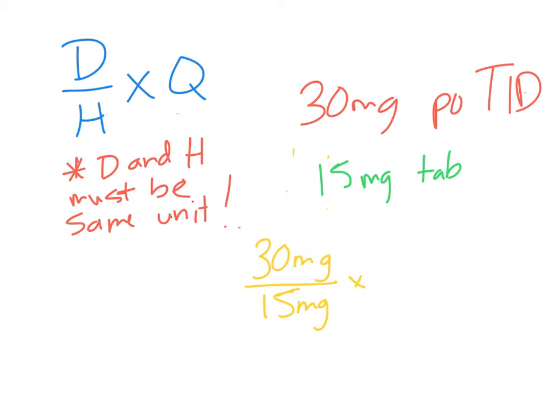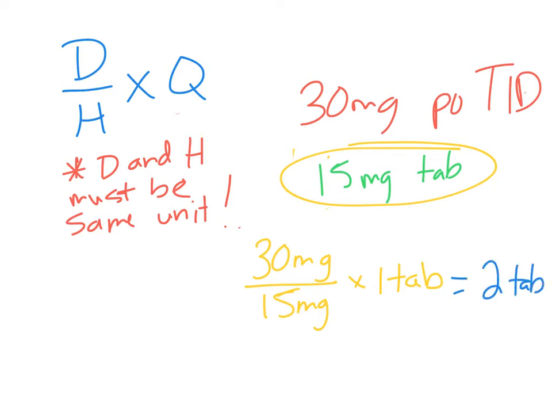Q is our quantity on hand, so our 15 milligrams came in every one tablet, so that's our quantity per every one tablet. When I divide this, 30 divided by 15 is 2, times 1 is still 2, so this would be 2 tablets is how much they would have to take.